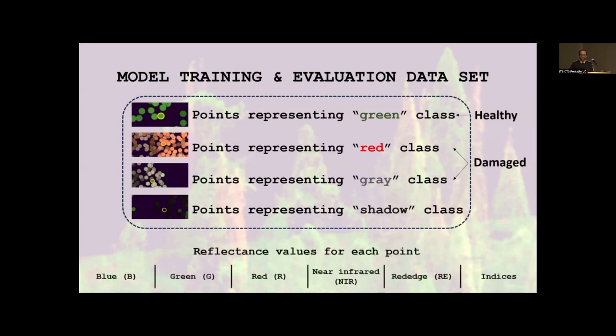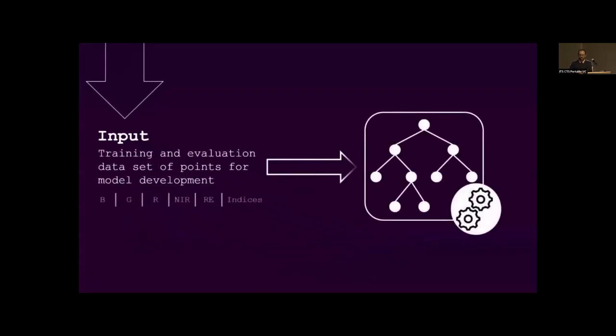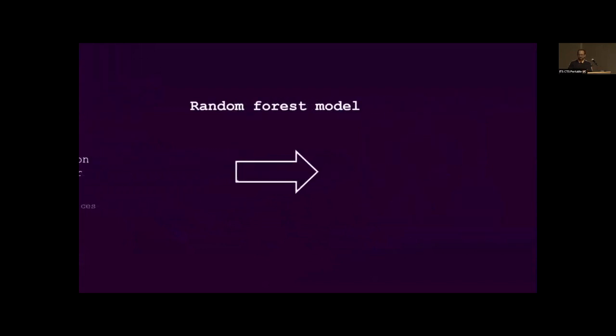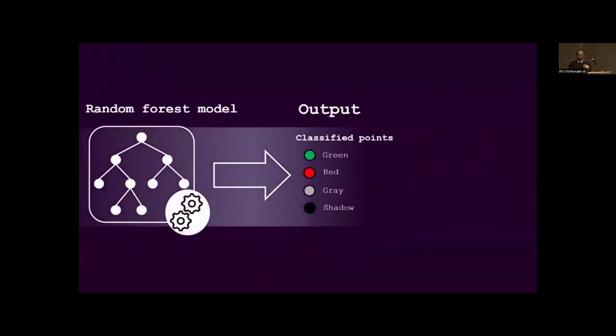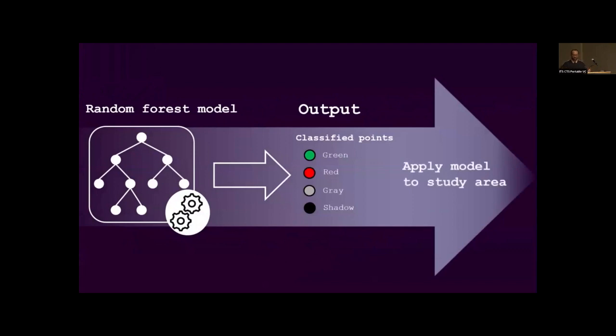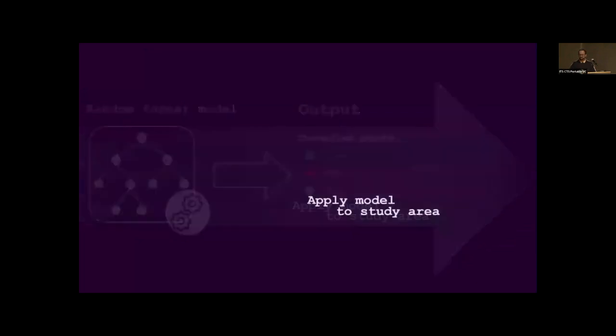Each of these points contained reflectance values in blue, green, red, near infrared, and red edge, and also spectral indices. I used this information as input for the random forest model that I trained. The model had outputs of classified points of green, red, gray, and shadow. After I selected a good, high-performing random forest model, I applied it to the study area.